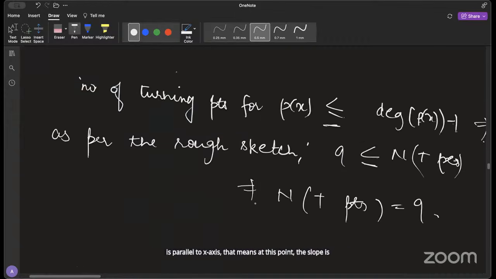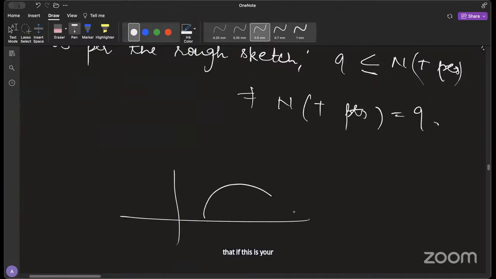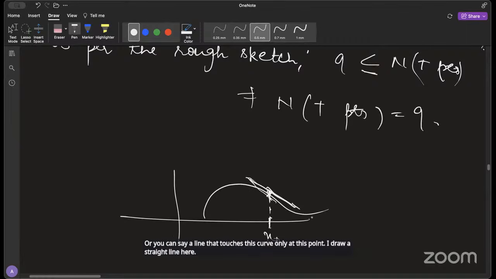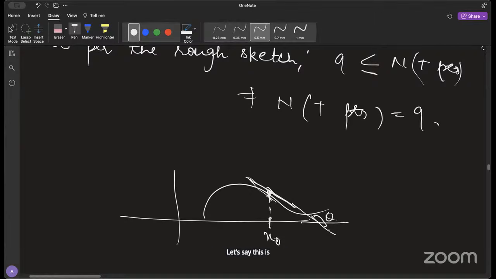So we say that if this is your curve, at this point, let's say this is x0, I draw this point here on this plane. And then I draw a tangent line here, or you can say a line that touches this curve only at this point. Let's say this is the theta angle that it makes with the x-axis.